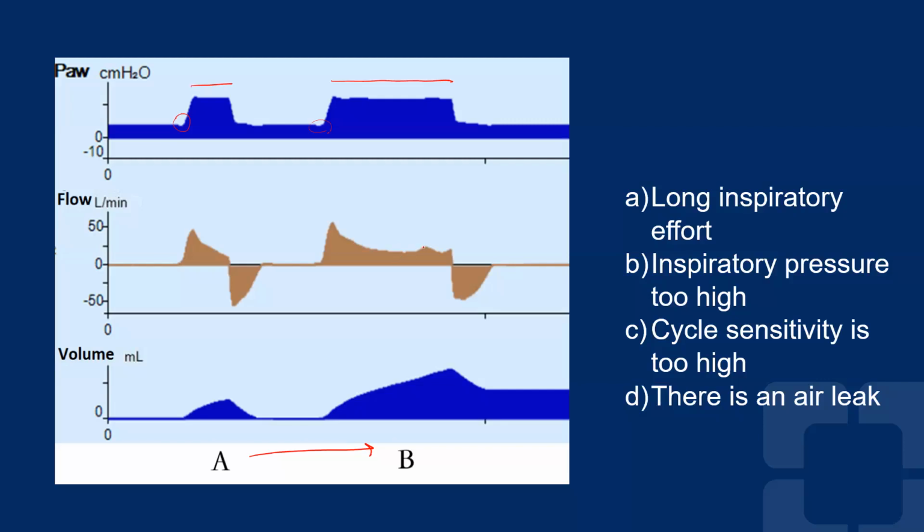Now we move on to another one. There's a question of why did it take so long for it to cycle, and the point here is because of the presence of the leak, the ventilator did not reach the cycle threshold, and so it would continue to deliver pressure.